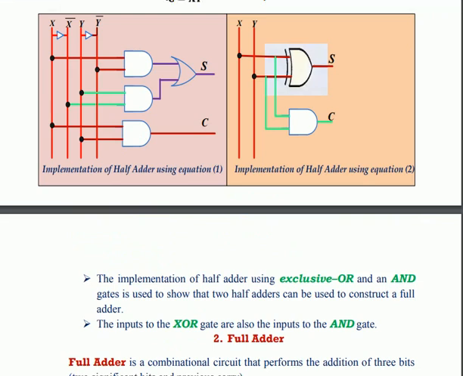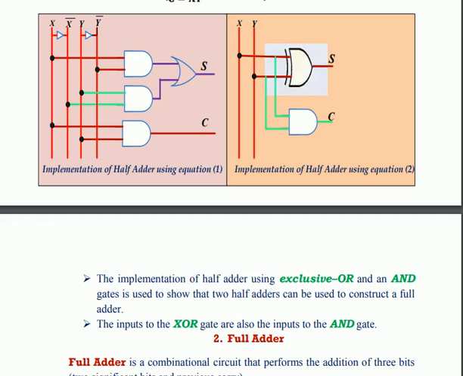Now in this figure, there are 2 figures. The first one is the implementation of the half adder using equation 1, in which we had the expression S is equal to x complement y plus x y complement and C is equal to xy. Here the only gates used are the AND gate and OR gate.